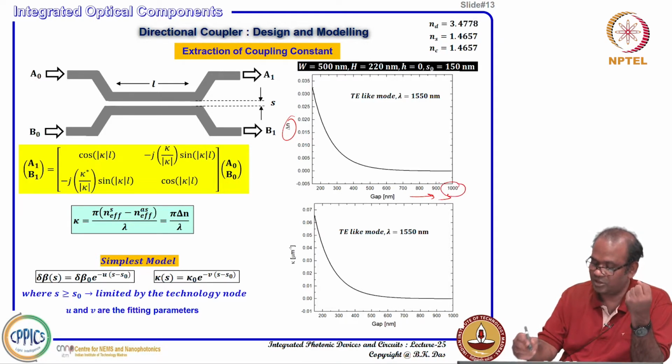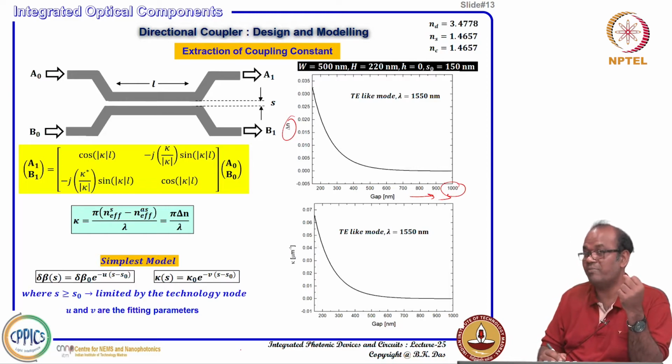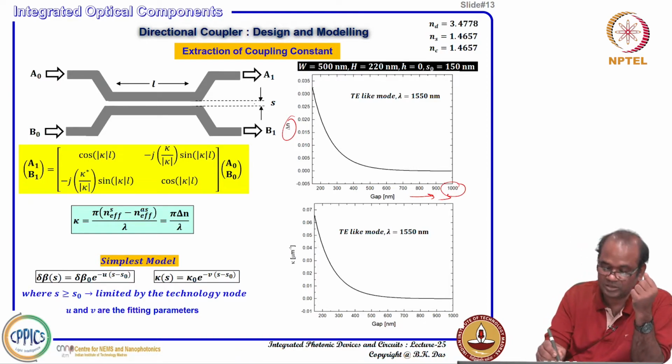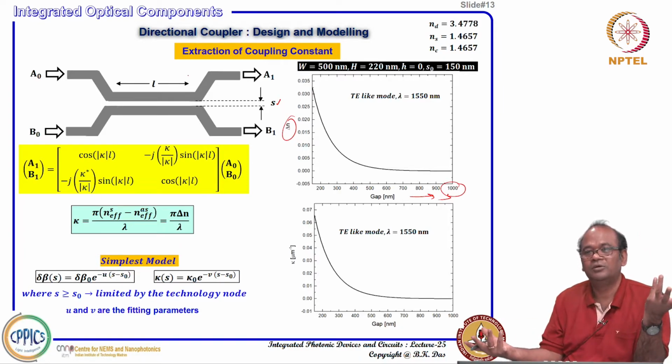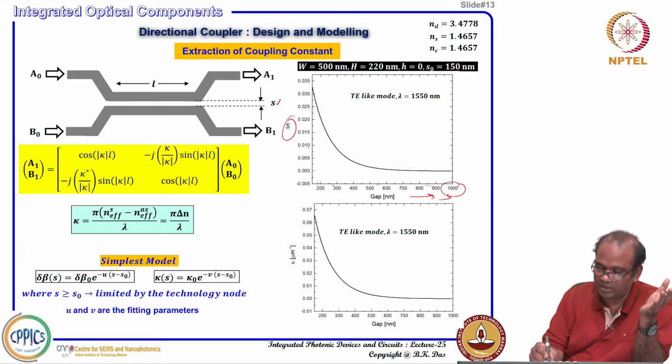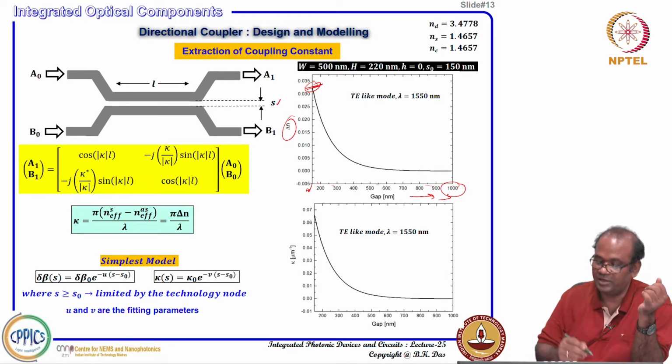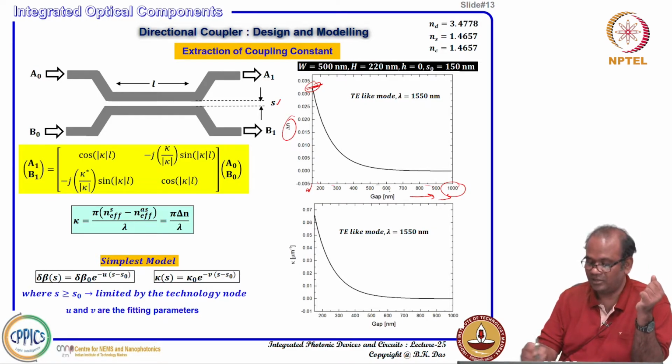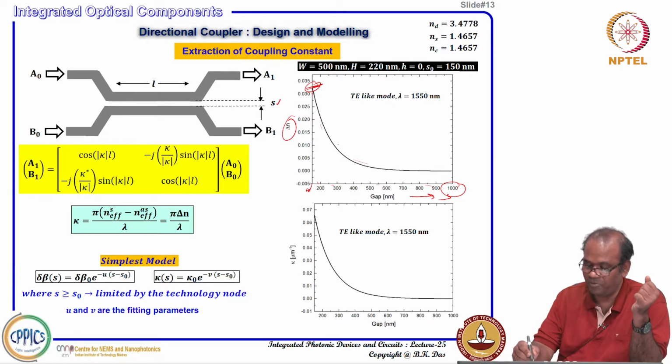For example, here we are considering 1000 nanometer, meaning 1 micrometer. With just 1 micrometer separation, you will see they are almost decoupled. Now, if you bring it down to 150 nanometer, you get, as I calculated, about 0.03, exactly here also. It falls very sharply, looking exponential.